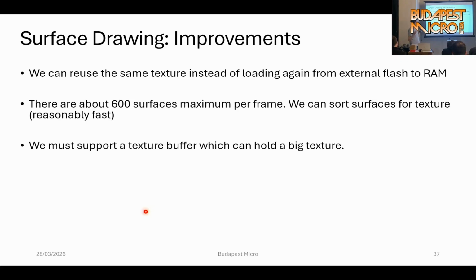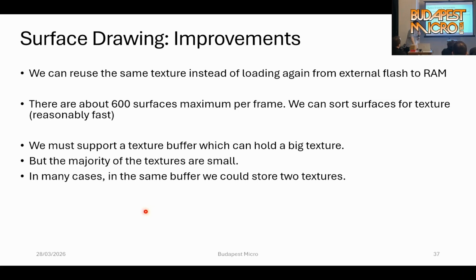And we must support a texture buffer which can hold at least a big texture, which was about 30 kilobytes, more or less. But the majority of textures are small, so in many cases we would have a huge buffer and be using just 1, 2 or 4 kilobytes.